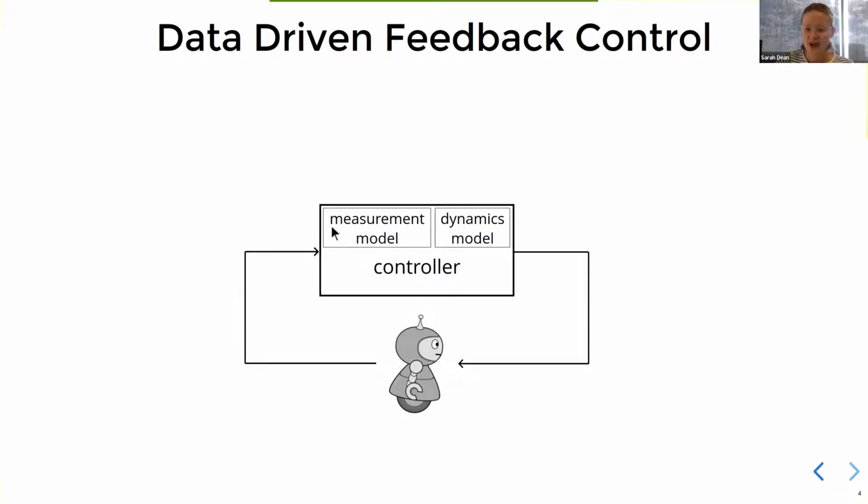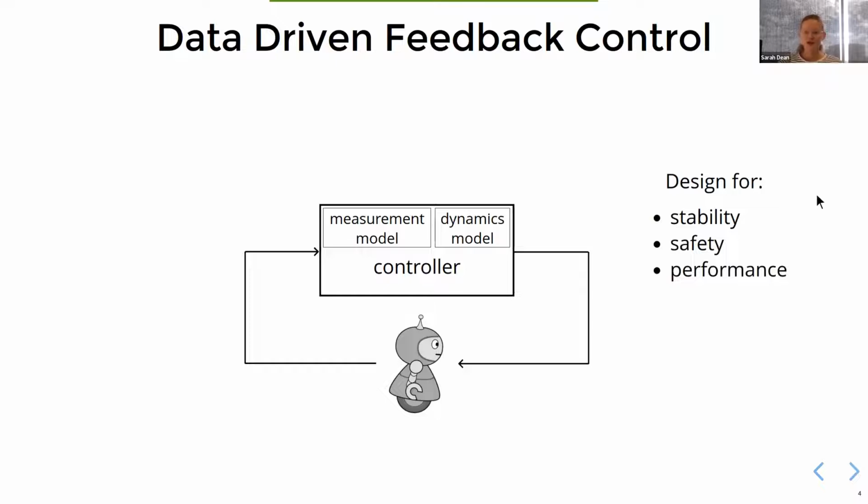And so in this setting, we have our little robot in closed loop with a controller, where that controller was designed using some model of the system's dynamics, as well as how the measurements from the system correspond to the system state. And we need to design these controllers for properties like stability, so the robot doesn't fall over, safety, so we don't crash into a wall, but also, of course, performance, so that we operate efficiently and achieve the tasks that we want.